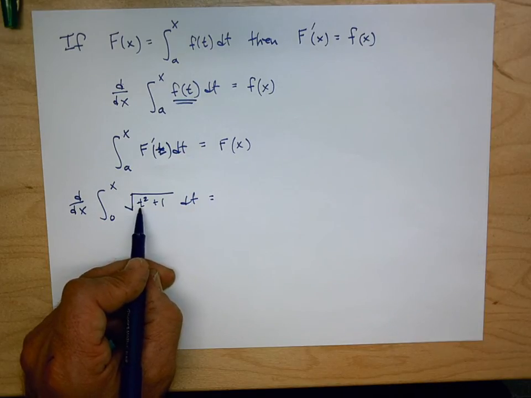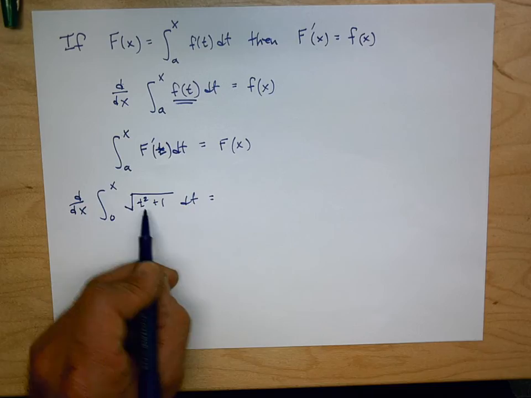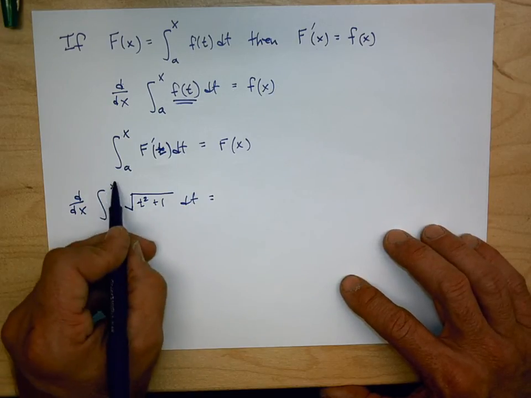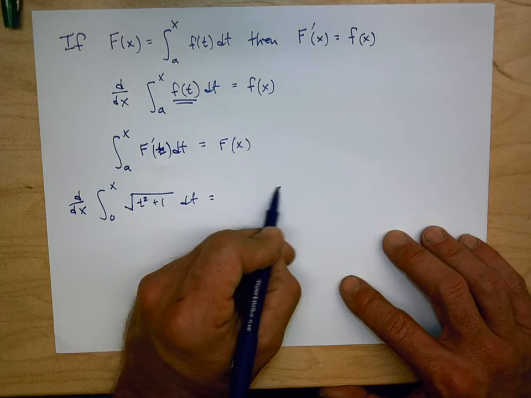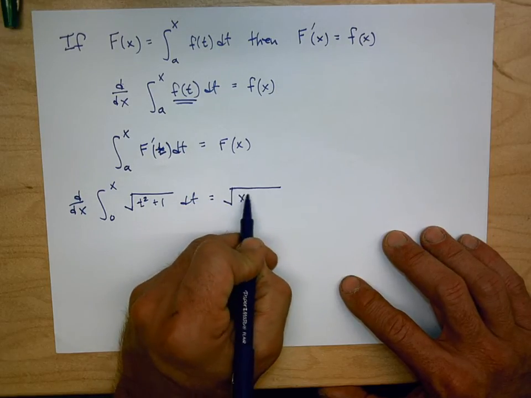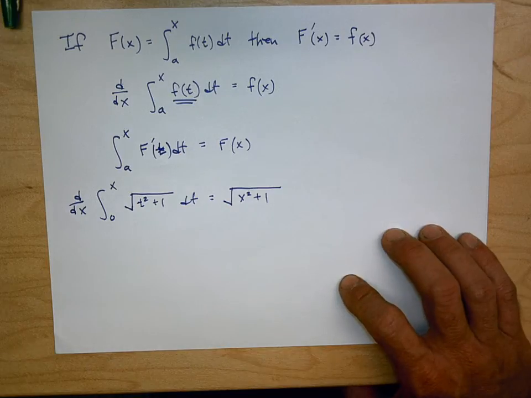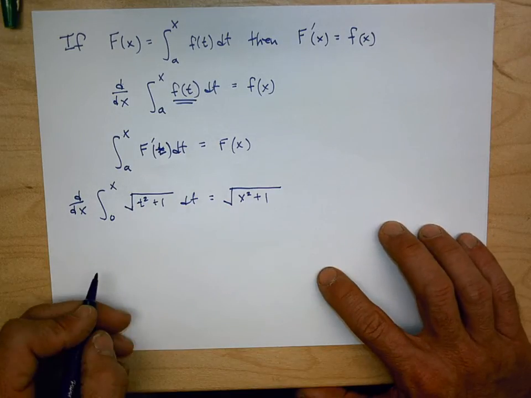Using the second part of the fundamental theorem of calculus, I know that if I take the derivative of the integral, I'm going to get back the function, but because my upper limit here is x, I'm going to change variables. This is going to be a function of x.